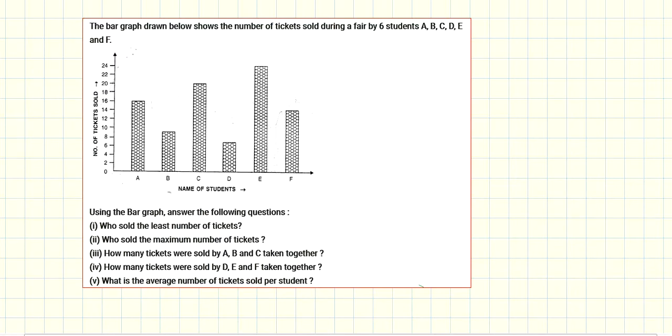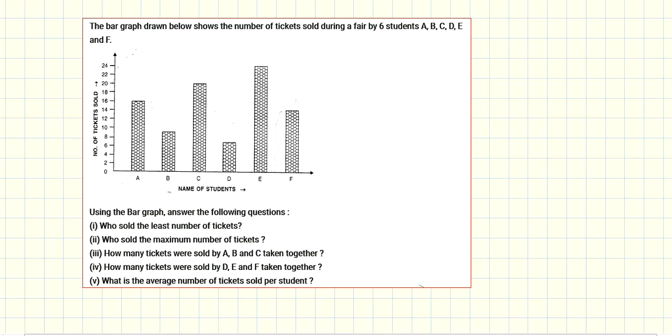In question number 7, the bar graph drawn below shows the number of tickets sold during a fair by 6 students A, B, C, D, E, and F. As you can see, number of tickets sold here, name of students here. This is your graph. Then using this graph, we have to answer the following questions.